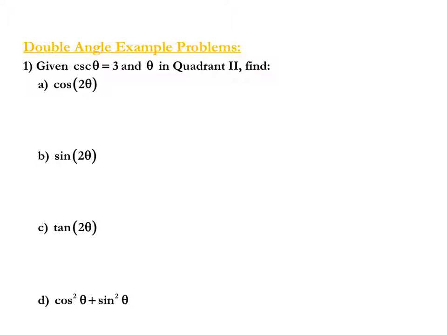So given that cosecant equals 3, we know that the ratio is going to be r over y. So theta is in quadrant 2, so that means the signs are negative, positive. We know what y is, it's going to be 1. We don't know what x is, and r is going to be 3.